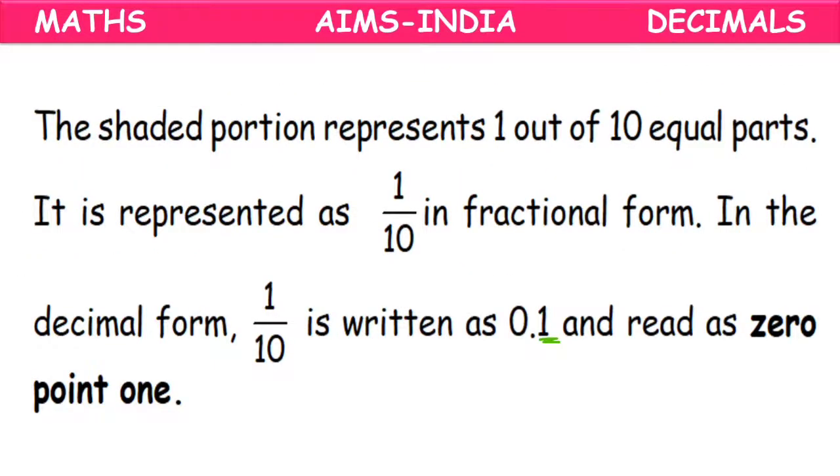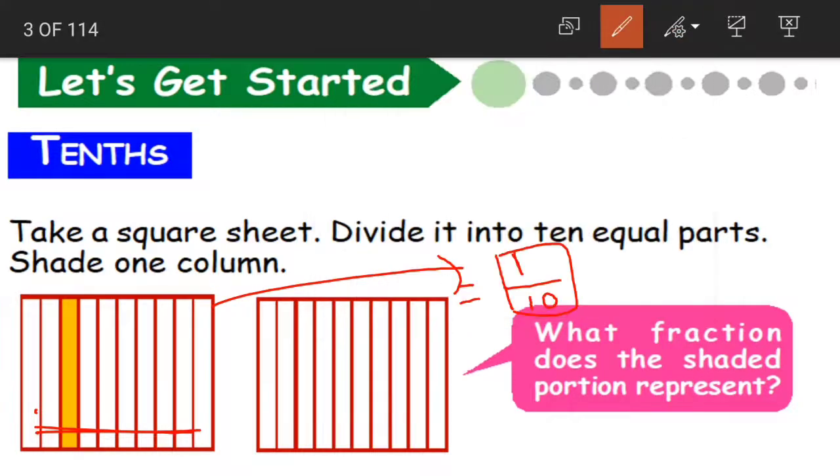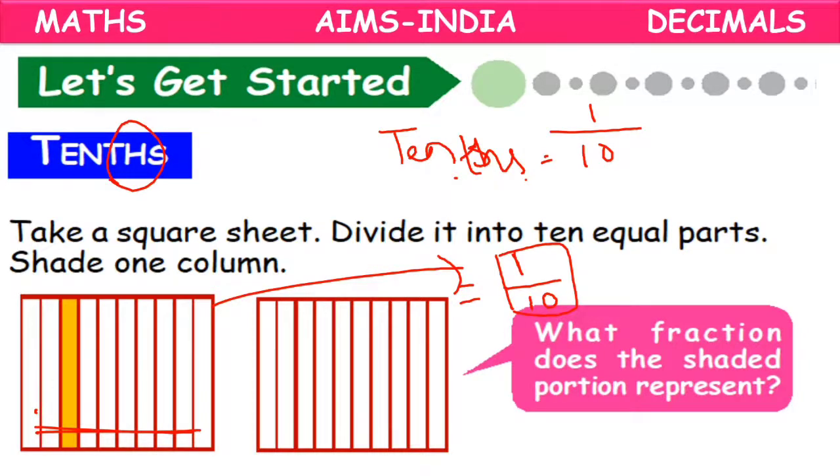And this 1 by 10 is called tenths, children. Tenths with a TH. If I say just ten, it would be this 10. But when I say tenths, with a TH, it is 1 by 10.